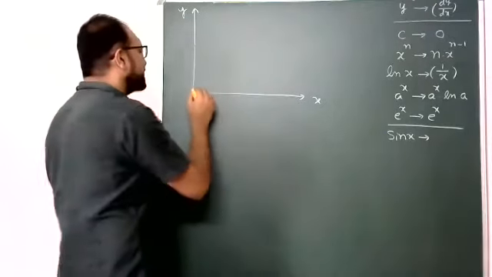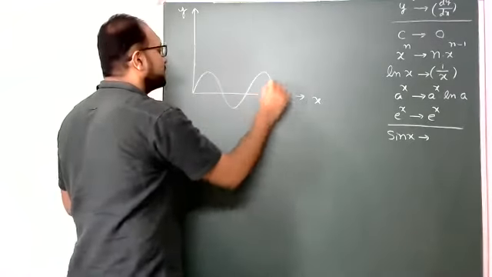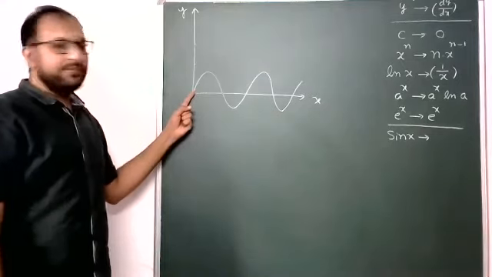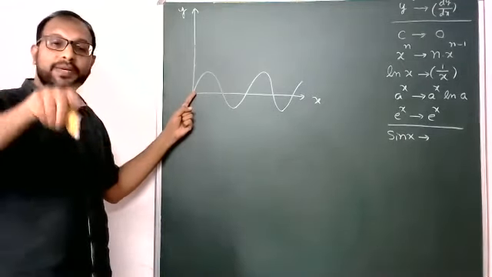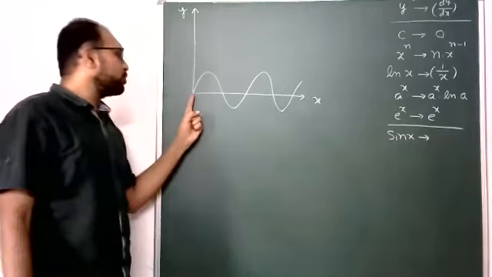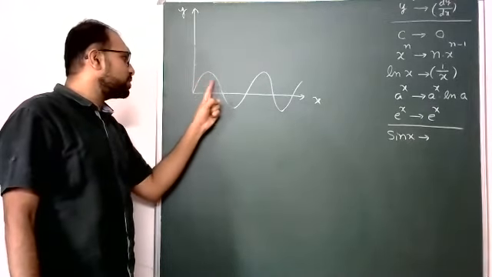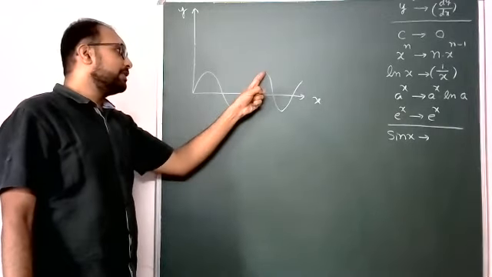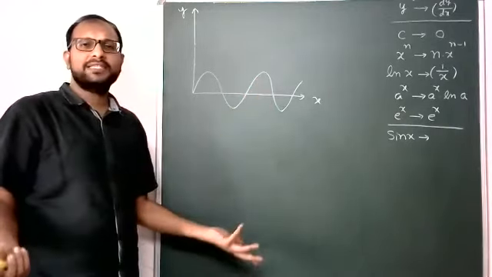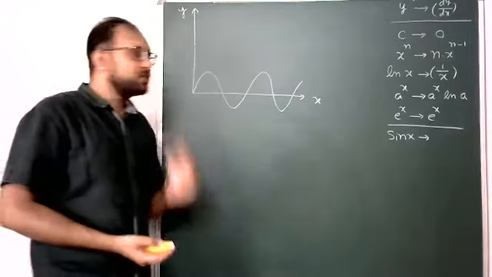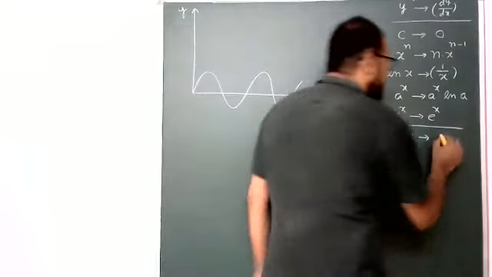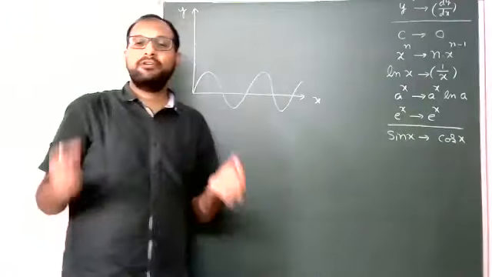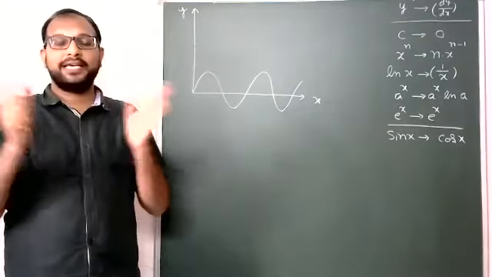Suppose y equal to sin x; the graph is this. The slope of this graph is nothing but the derivative. See here the slope is different: here 0, this is positive, this is negative, 0, again positive, 0, negative, like that. At different locations, different slope. Sin x slope is cos x. Yes, derivative of sin x is cos x.